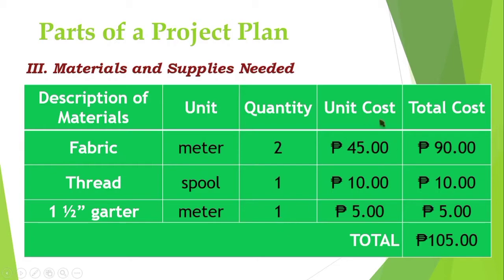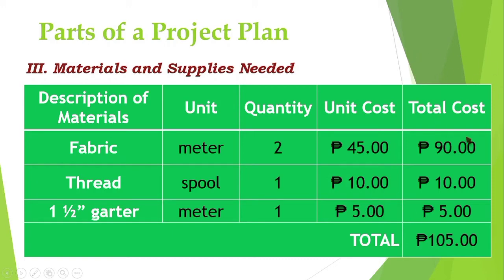The unit cost, say for example, 1 meter of fabric is 45 pesos in my case. So you put here 45 pesos. The unit cost will tell you the cost of the material per 1 unit or per unit. Alright? And then 1 spool of thread costs 10 pesos. So you put here 10. And then garter 5 pesos.